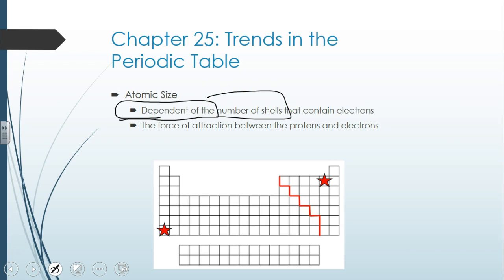Okay? So the first one, when we do this, let's say, nucleus, if we have an electron here, or an element with an electron here, like hydrogen, versus an element like lithium, where its outermost electron is in the second shell, that makes it bigger. Okay?